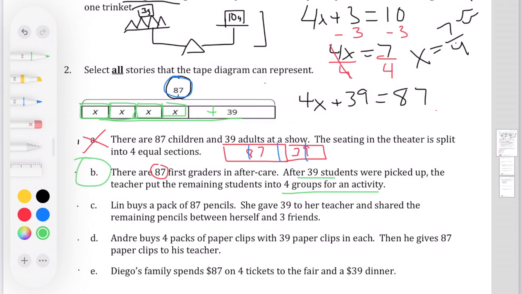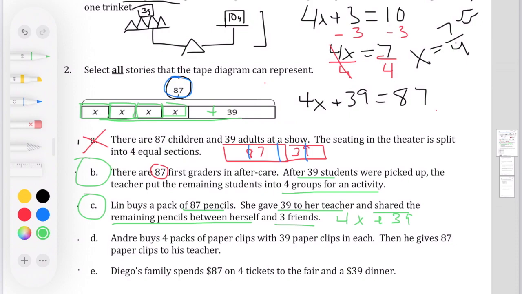Letter C states Lynn buys a pack of 87 pencils. She gave 39 to her teacher and shared the remaining pencils between herself and 3 friends. If she counts herself in that, she broke them into 4 equal groups, and she gave 39 to her teacher, which matches up with our total of 87.